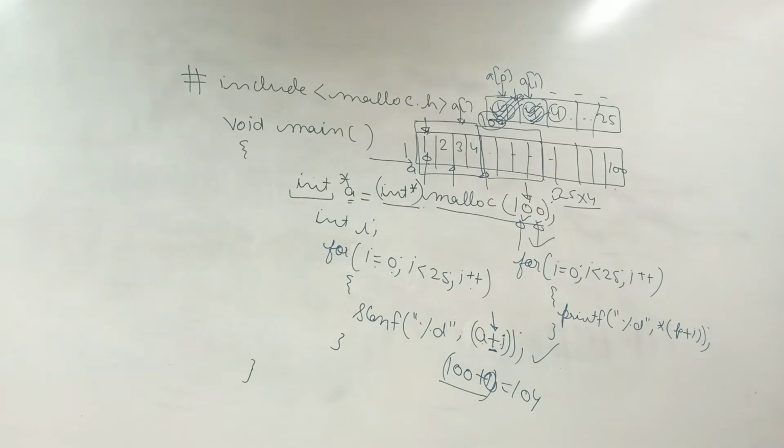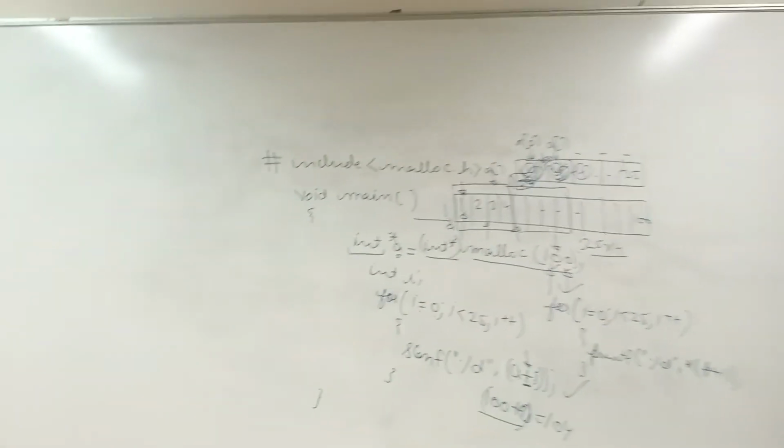So the compiler has divided the bytes into blocks, 25 blocks, and each block has 4 bytes. Then we applied a loop from i equal to 0 to 25. We put the values in the blocks, and at a later stage we printed the values. So it looks very simple. Then let me explain the second program to you.